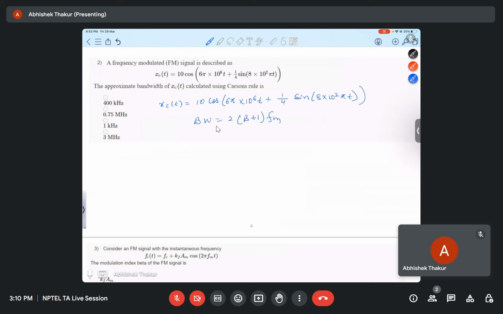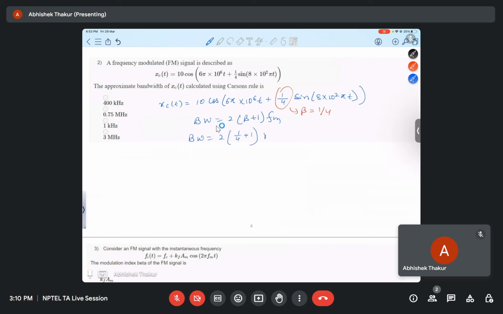So now we'll substitute the values. Here beta is 1 by 4. So we can write bandwidth is equal to 2 into 1 by 4 plus 1, and the value of fm here is 400 hertz.